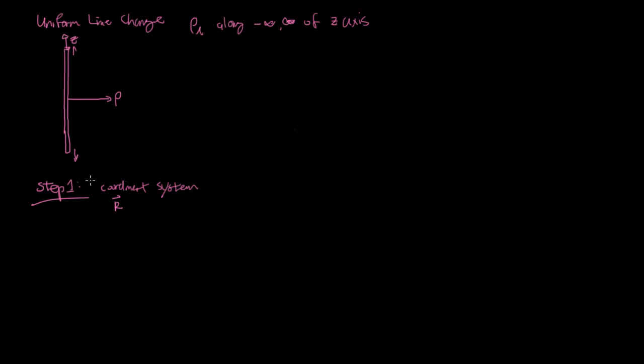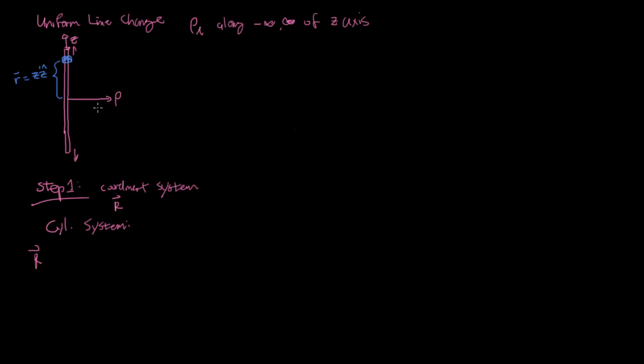As we mentioned before, it's a cylindrical coordinate system, and we want to find R. In this case, all of our source vectors are going to be running along here. So for a segment here, r prime is going to be some z coordinate, right?